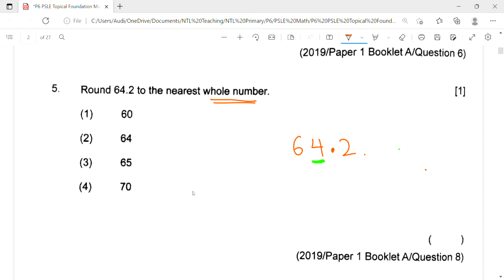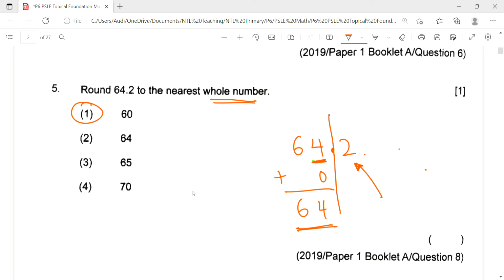So what's our first step? Our first step is to underline this, because this is our whole number. Draw a line across, and you look at this, draw an arrow. This is less than 5, so we're just going to add a 0. So 6, 4, and that's it. This is our answer, 64.